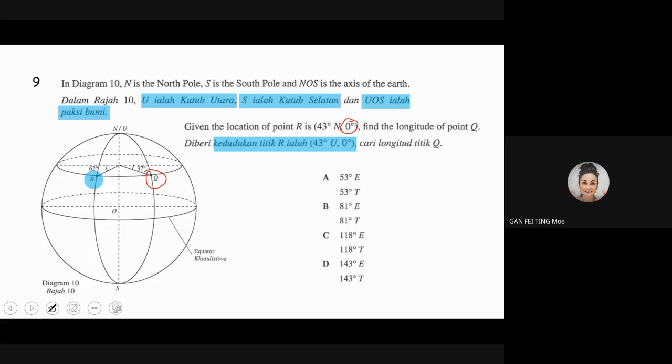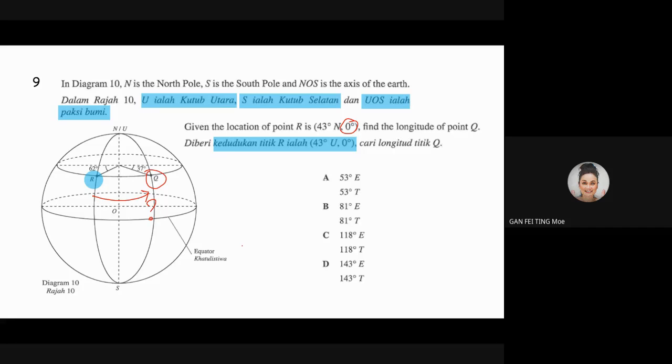They want to know the longitude of point Q. So how do you do this question? Knowing that this is 0 degree, moving to here, what is the degree here? How do you solve this question? If you take 180 minus 37, the answer 134 is there for you to choose.